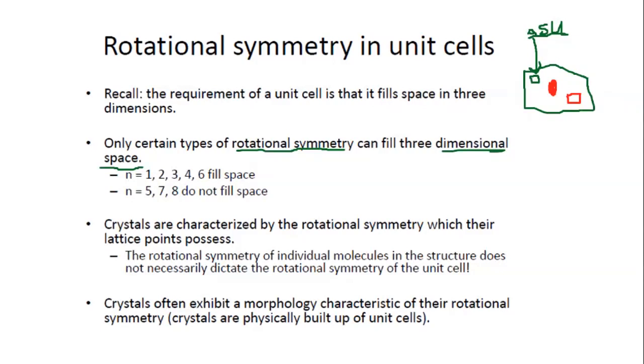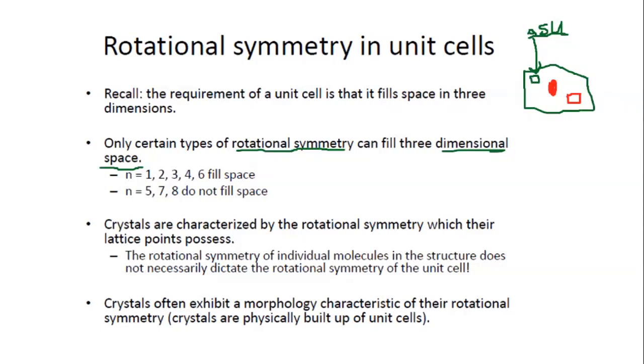Sometimes it may follow the symmetry you see in the molecule, other times it may not. It just depends on the crystallization conditions.